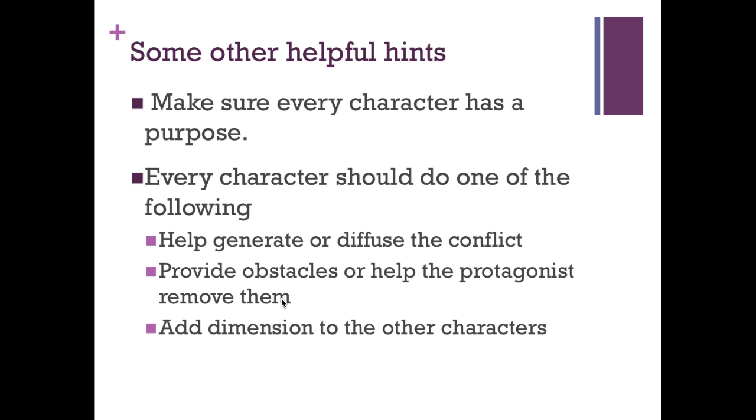So they're removing obstacles. I wrote a book where one of the minor characters provided an obstacle for the main character that you find out about later on. It's just something that needs to be done to keep the story moving.